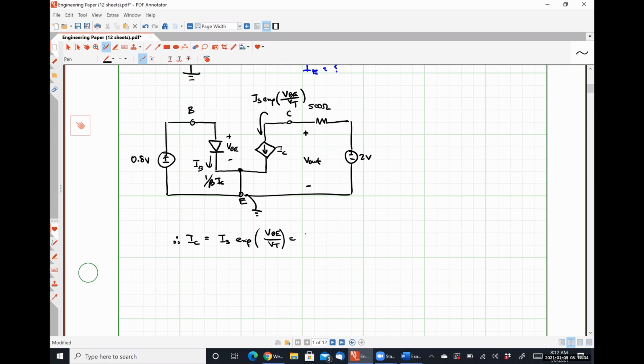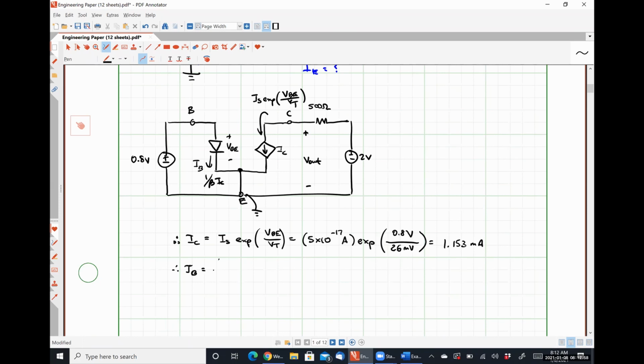This is going to give us 5 times 10 to the minus 17 amps, exp of 0.8 volts over 26 millivolts. I get 1.153 milliamps.